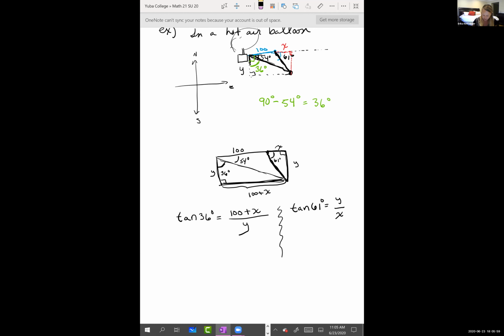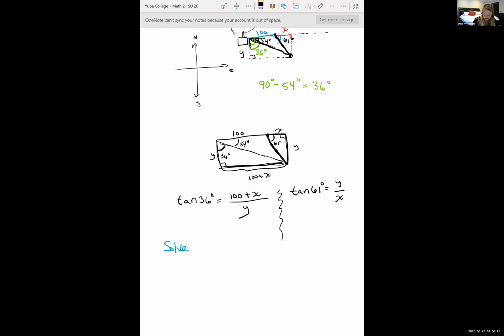In the end, we could find the same result if we solved for Y. So let's solve for X. I'm just going to choose the first equation.